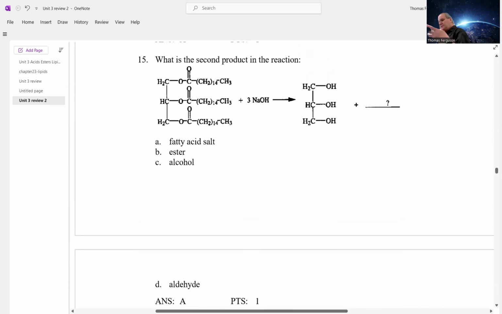So we have a triglyceride, alkaline conditions. The 3 is not necessary. Organic chemists and biochemists never balance equations, but theoretically you should have a 3 there. So when we hydrolyze, the ester goes to the alcohol and acid. If it's under alkaline conditions, you get the acid's salt.